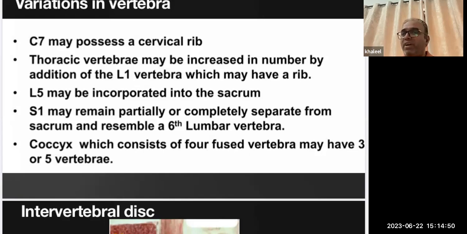L5 may be incorporated into the sacrum, which we call sacralization, and the reverse is lumbarization. S1 may remain partially or completely separate from the sacrum, and may be counted as a 6th lumbar vertebra. The coccyx, which consists of 4 fused vertebrae, may have 3 or 5, however, usually we come across 4 vertebrae.